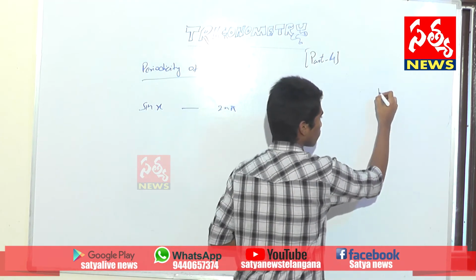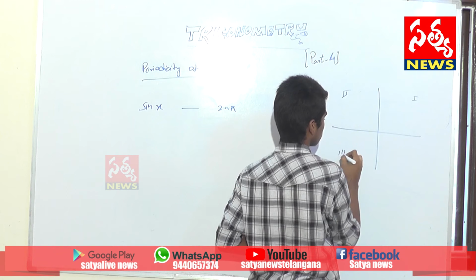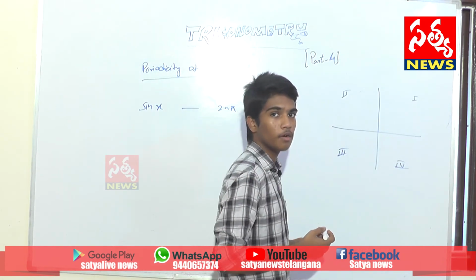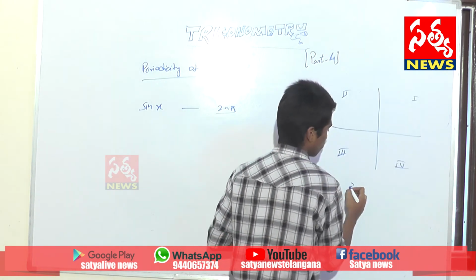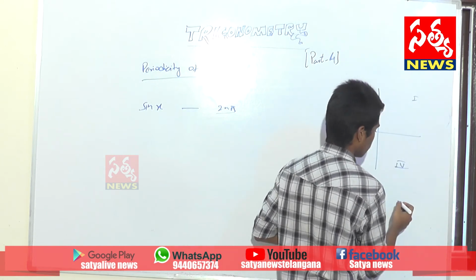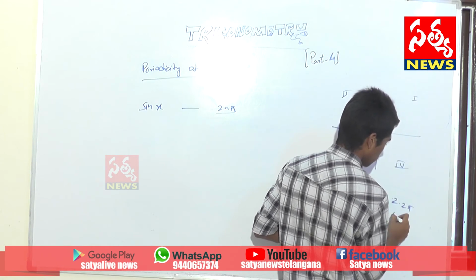Why 2n pi? From the graph, we have discussed the graph problems in the third part. See at 2n pi. If we take n value as 1 or 2, I am going to take 2, 2 into 2 into pi, it is 4 pi.